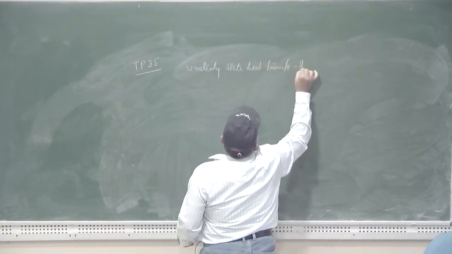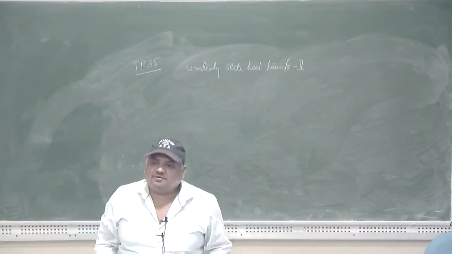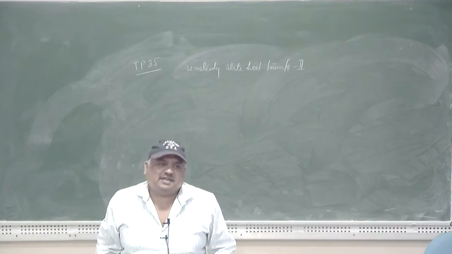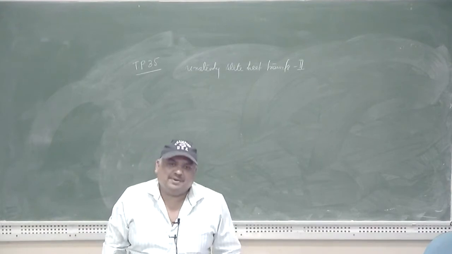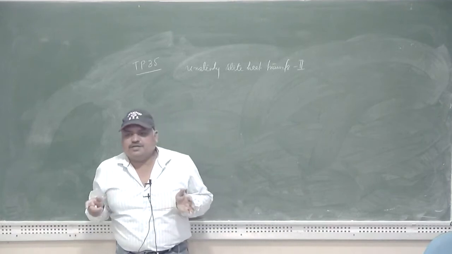In today's class, we will see how this lumped heat capacity analysis can be used to determine the instantaneous flux of a body which is subjected to heating or cooling.